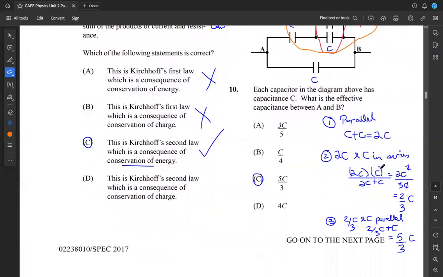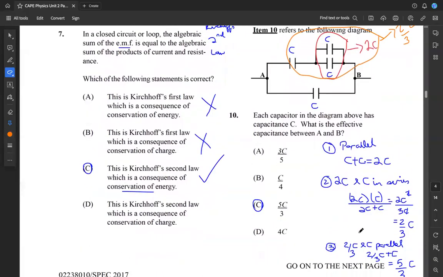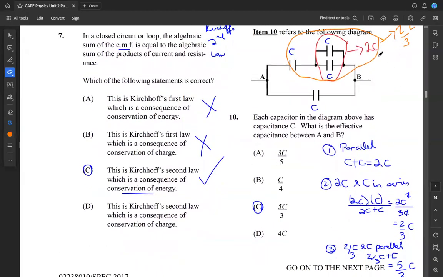So that's what I did down here. We're adding this 2/3 C for the top part to the C at the bottom because they're in parallel, and when we do this, we come out with 5 over 3 C. That's how we ended up with this C.